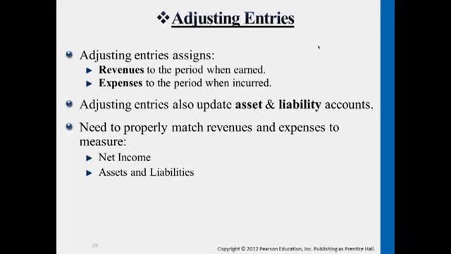So if I go back to that supplies example earlier, if I want to adjust the value of the supplies at the end of the month, what would be the two accounts that will be affected? Exactly. So that will be a type of asset account being affected, reduced.